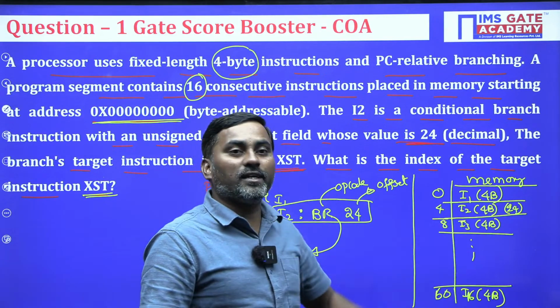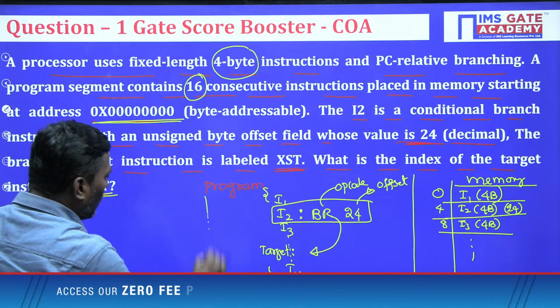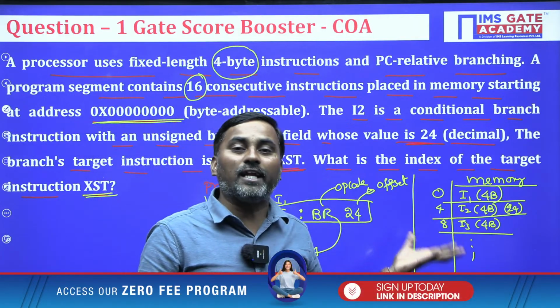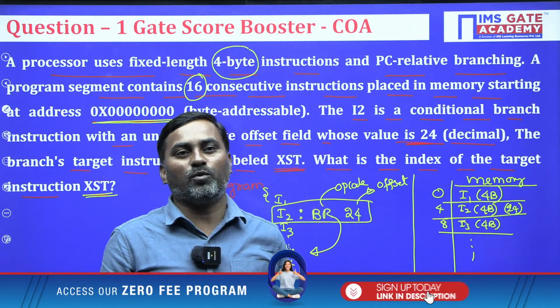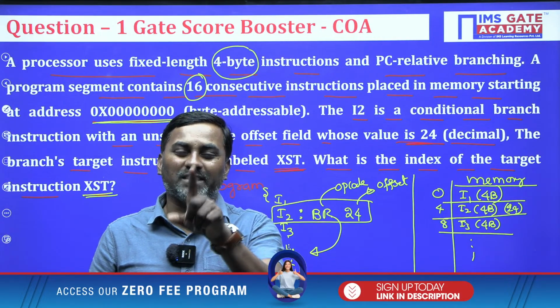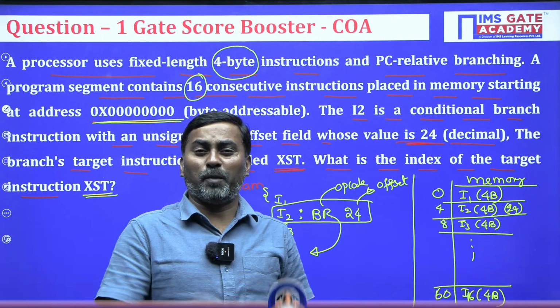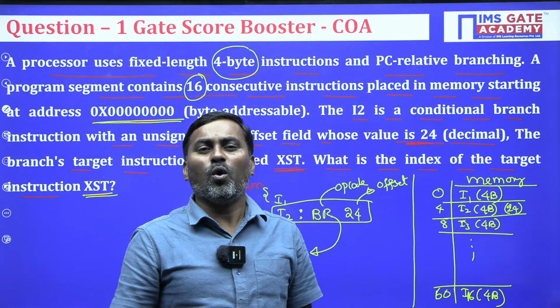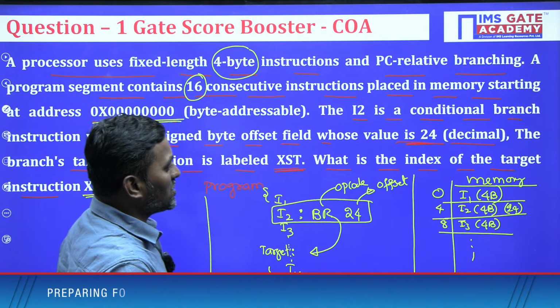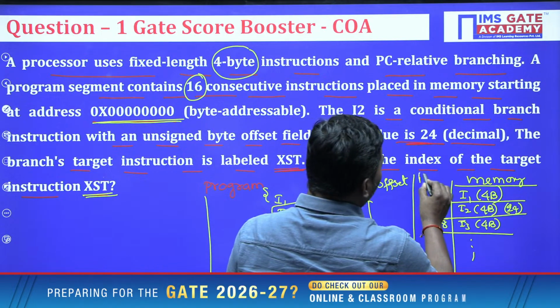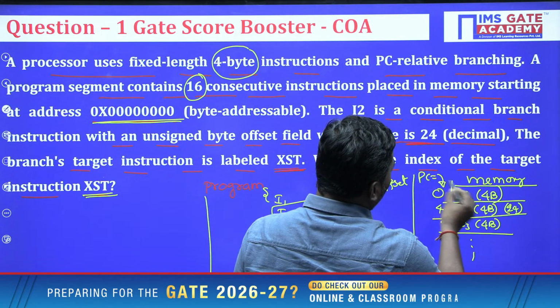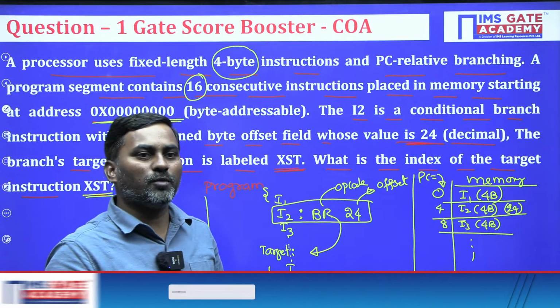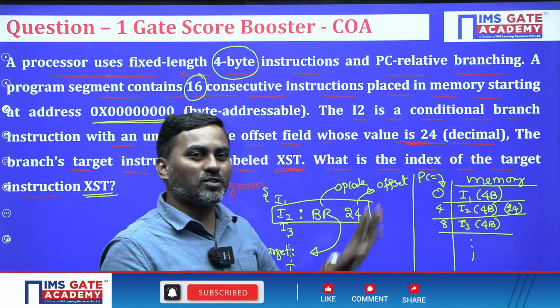How to get the target address? Simply understand now. Branch instructions are handled using the PC-relative addressing mode. I hope you might have studied PC-relative addressing mode. The purpose of PC-relative addressing mode is to handle branch type instructions. For example, the PC value is initially pointing to address 0, meaning instruction 1.